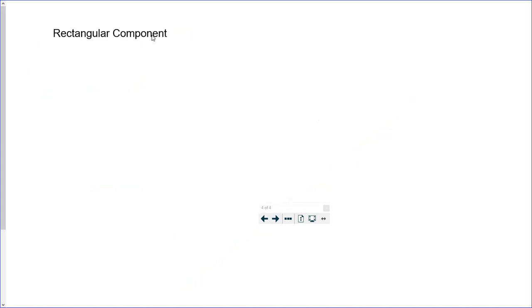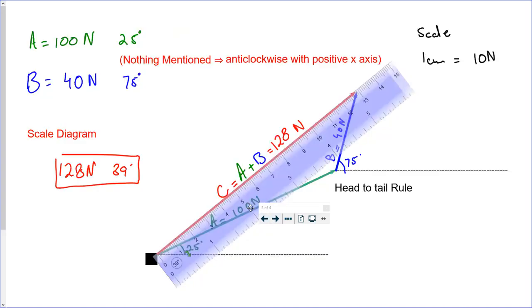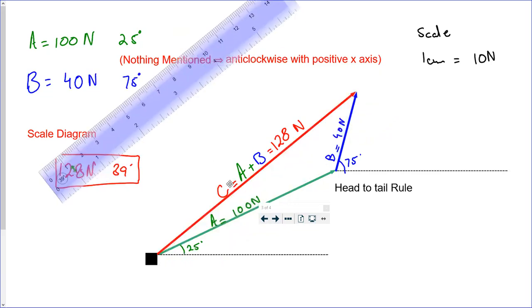No. Okay. In the previous example, aren't A and B the two components of C? If you join those components A and B, you will get C. Yes. So A and B are the components of C.